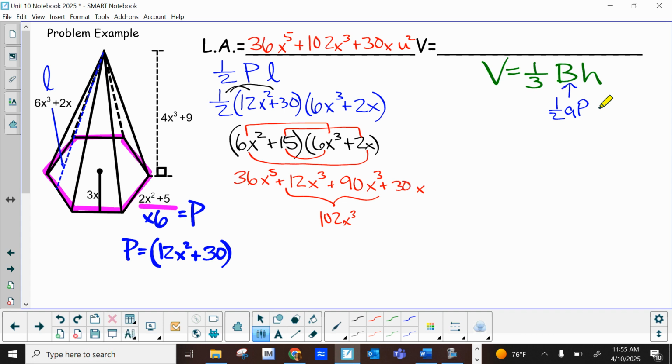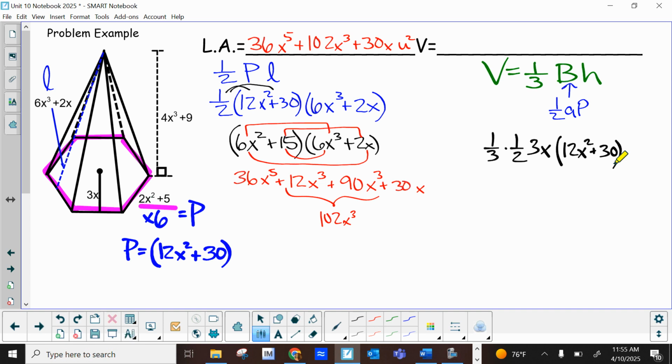Okay, so now I'm going to have 1/3. And then I have 1/2. The apothem is 3x. And then the perimeter, I already did earlier, the perimeter is 12x squared plus 30.